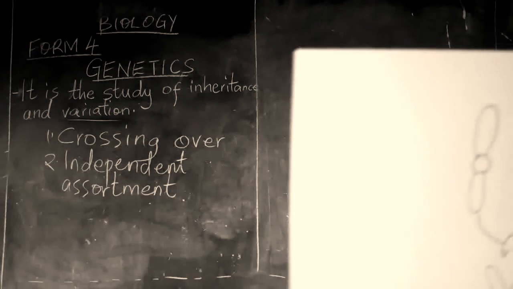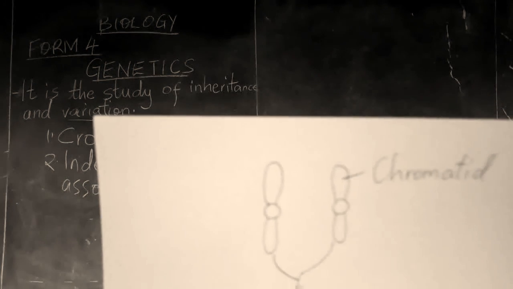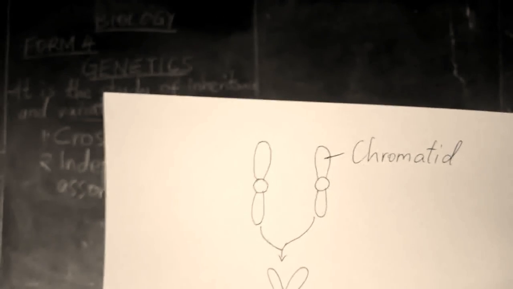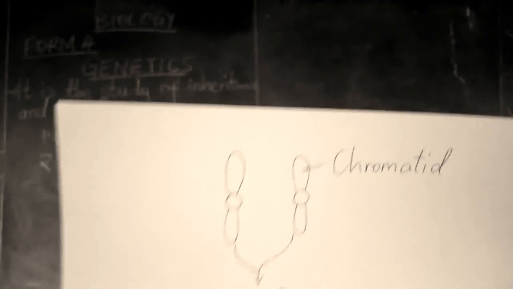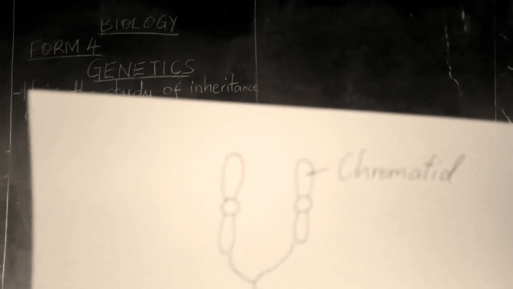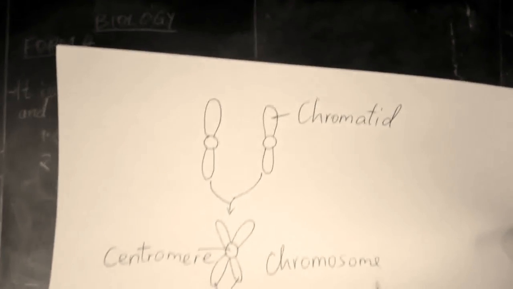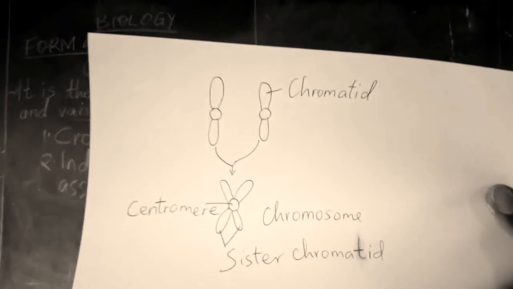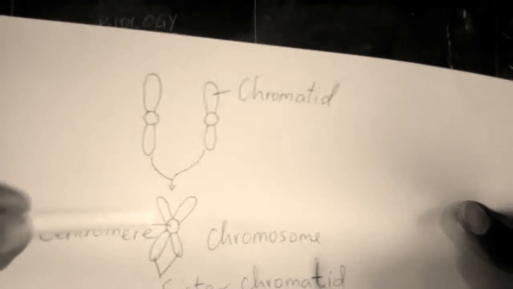As you can see here, I have some diagrams of chromatids. I think you can see chromatid 1 and 2. They are 2 in number. When these chromatids are fused together, they form a single chromosome down here.